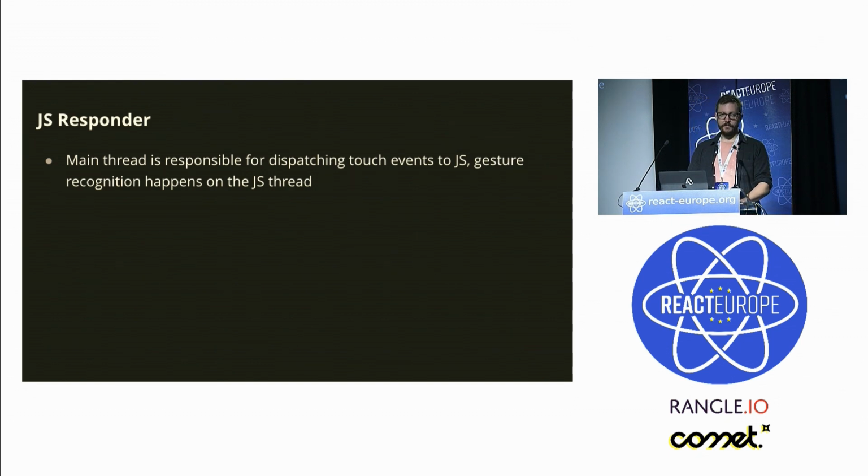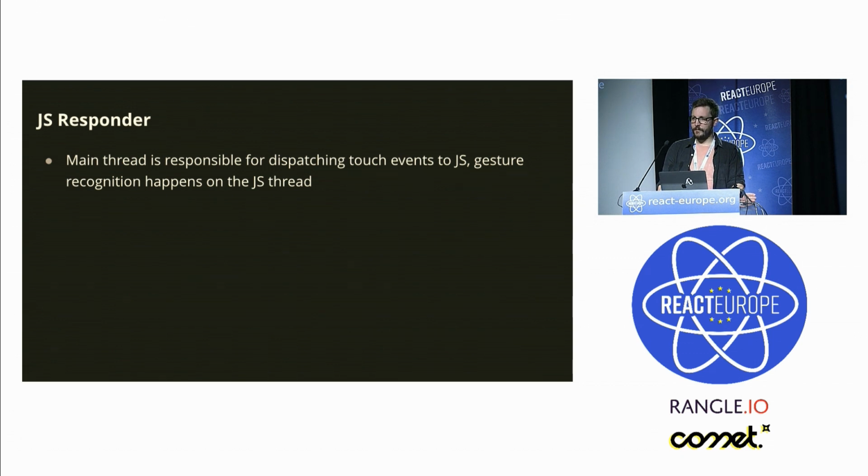So first thing we're going to talk about is this thing called the JavaScript Responder. This is essentially how gestures are performed in core React Native. When you create a new project and you add a TouchableOpacity or whatever, you're using the JavaScript Responder system under the hood.